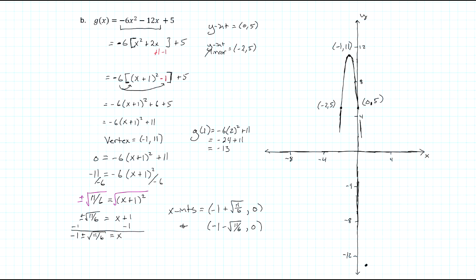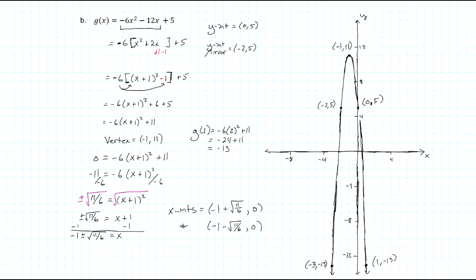So yeah, and then if we mirror this over the negative 1 value, it's going to be negative 3 comma negative 13 and 1 comma negative 13. There we go.